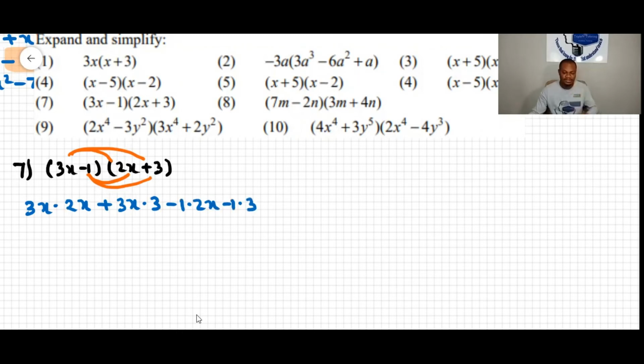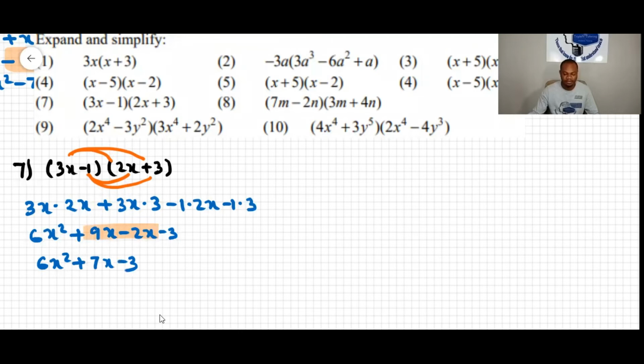So 3 times 2 will make 6, and then x squared, plus 3x times 3, we multiply the constants, 3 and 3 will make 9, and then x, and then negative 1 times 2x makes negative 2x, and negative 1 times 3 makes negative 3. And now we have like terms here, 9x and negative 2x, so we can combine them, and that will be 6x squared plus 7x minus 3.